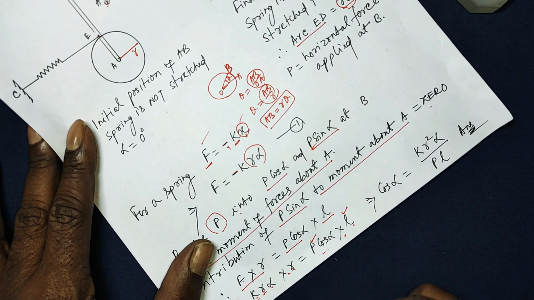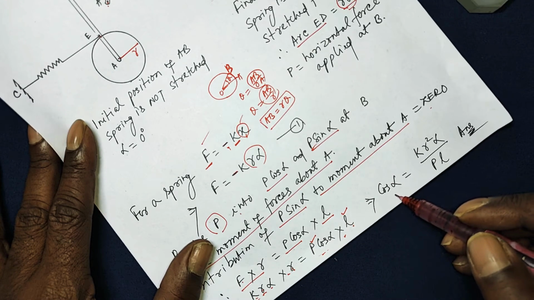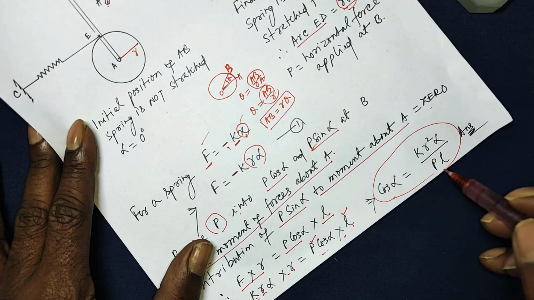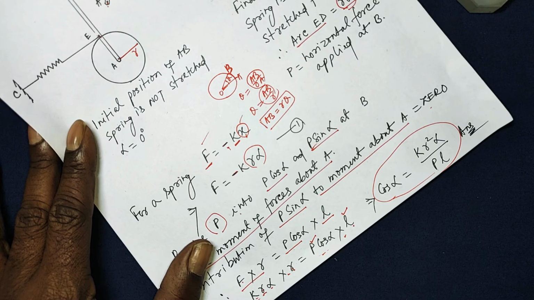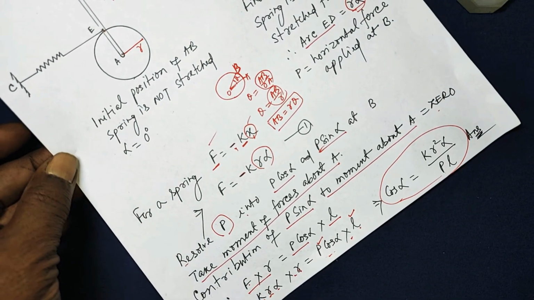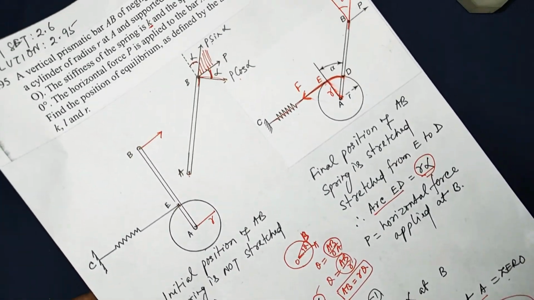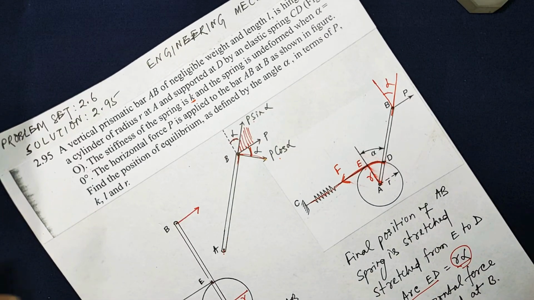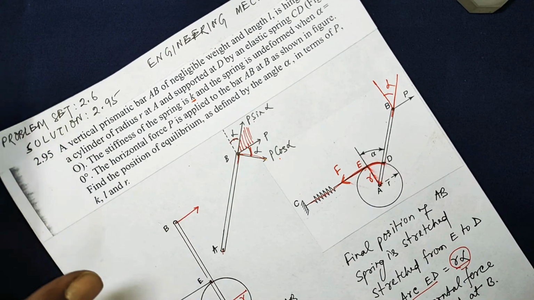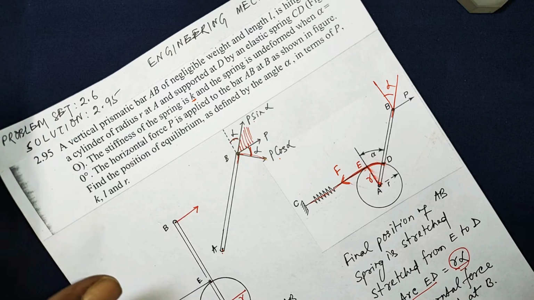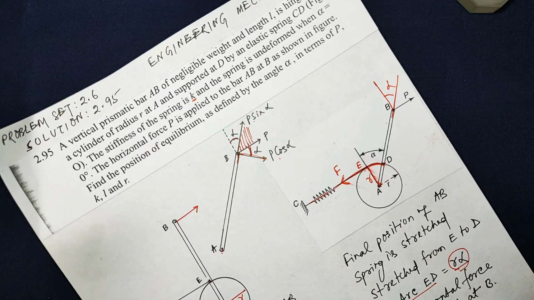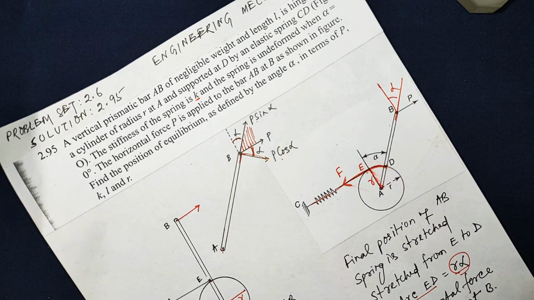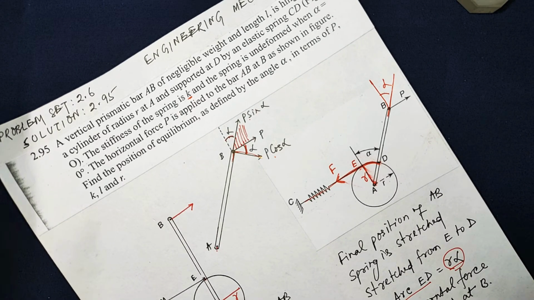Take P and L to the left hand side, so cos alpha becomes K R square alpha over PL. So for this value of alpha, it is in equilibrium. Means it doesn't have any turning effect, means sigma tau is equal to 0. There is no linear motion, so no need to apply sigma F is equal to 0. So that is all about it.